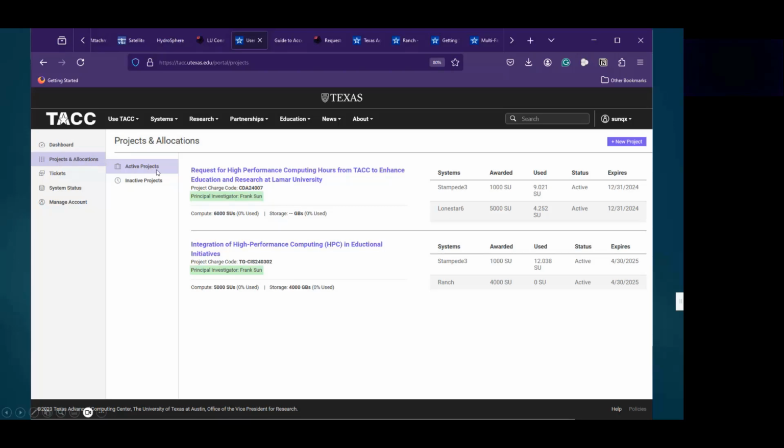In the portal, when you log in, you know the project code, how many hours we have, how much is used, and what the expiration date is. Right now, I have added everyone into this project. Next year, we will have another one. The total storage, the hours, all the information you can monitor here.